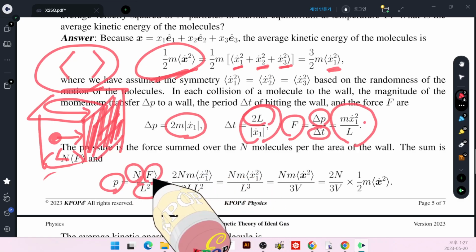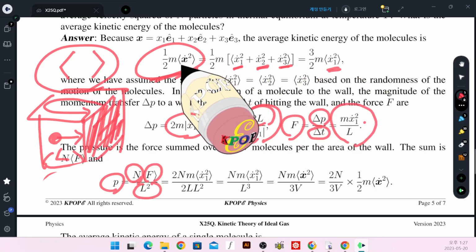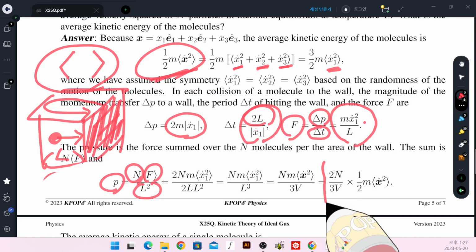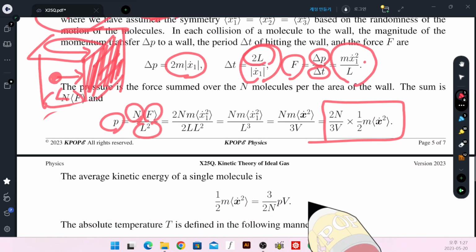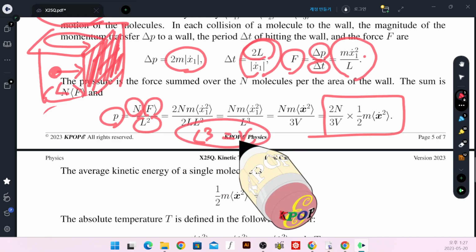Because v_x squared is just 1/3 of the squared velocity vector, we finally have this kind of relation. Sure, L cubed is replaced with the volume of this cube.